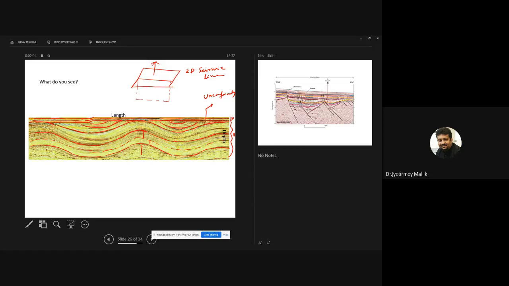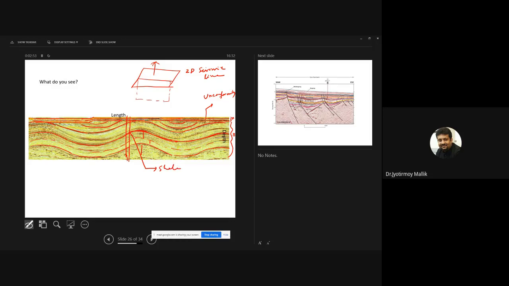But perhaps if I had a well here, and at that depth I found a shale, then I know this layer, which is kind of continuous, everything here is shale. So say I encountered that well, and from my gamma ray log, I found out that this is shale.